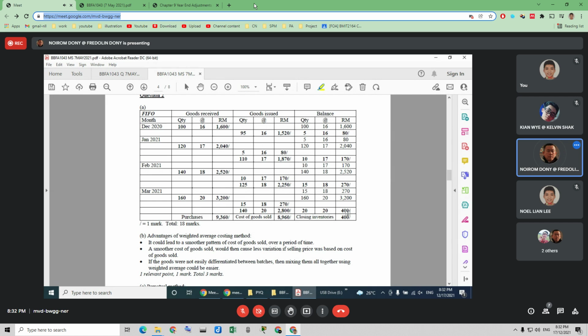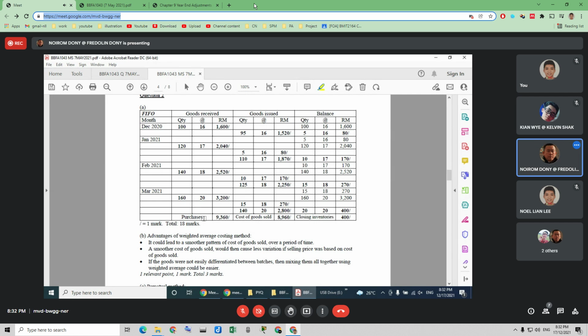So this is the amount of closing inventory. We put it here, that's why we separate it. So 400 will be the closing inventory, and we are fulfilling the first requirement of the question.